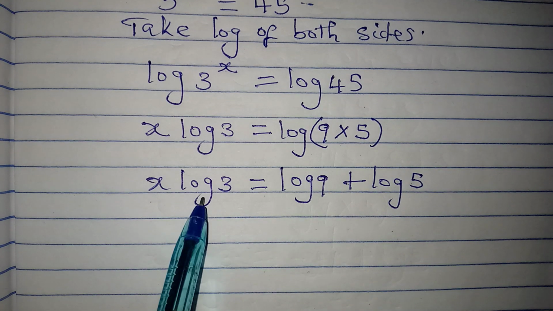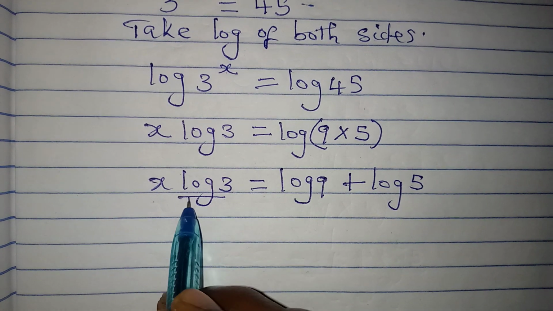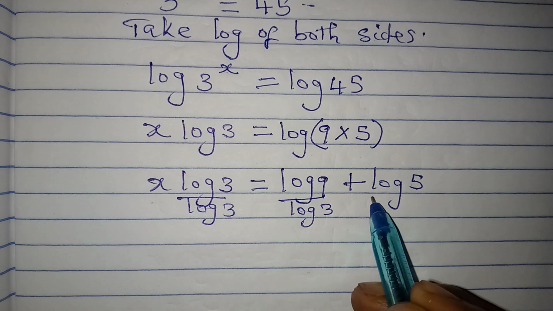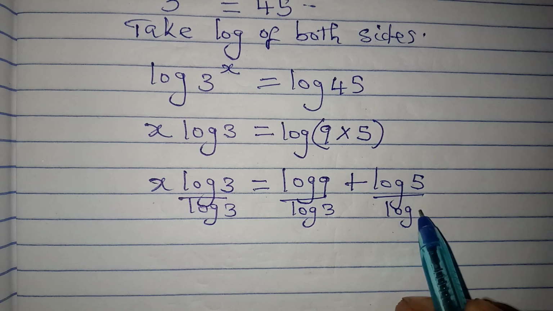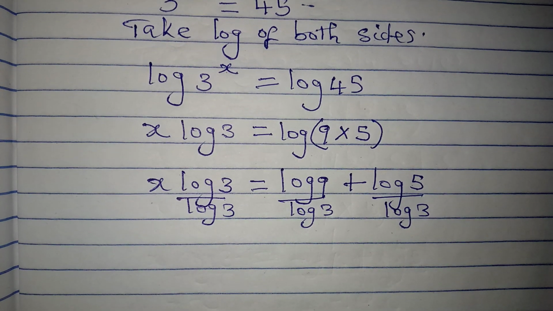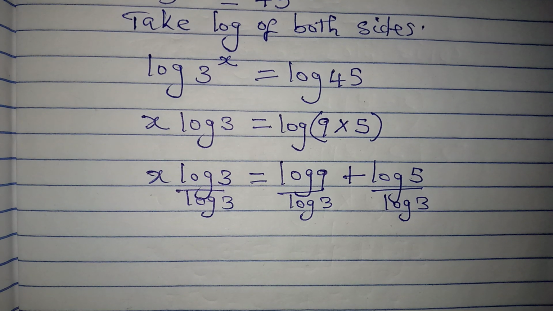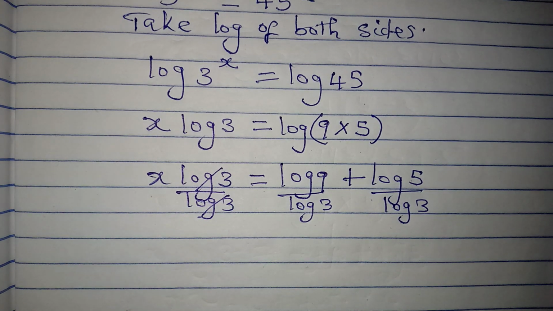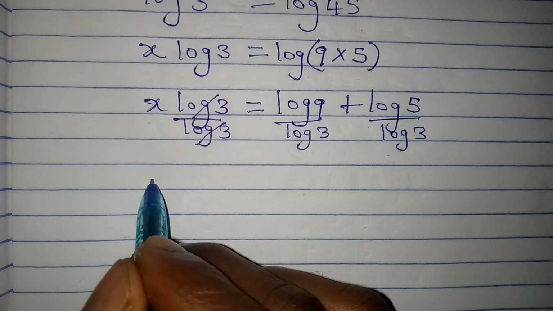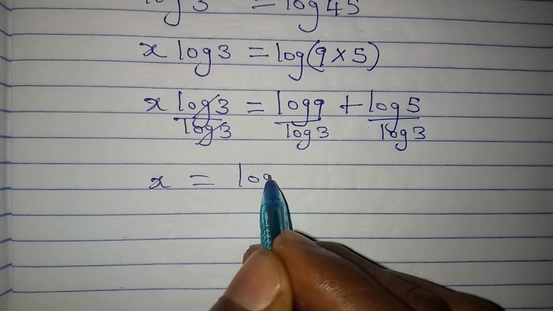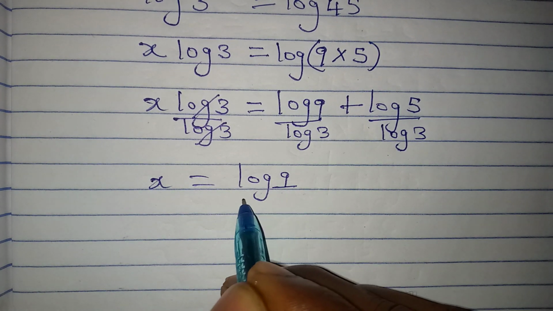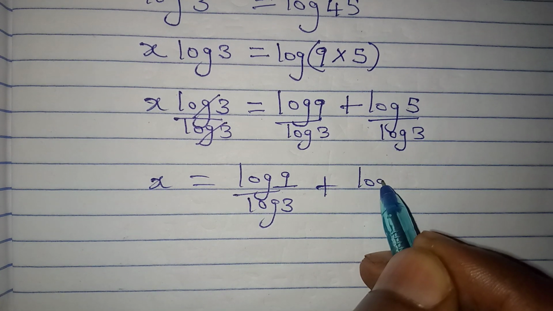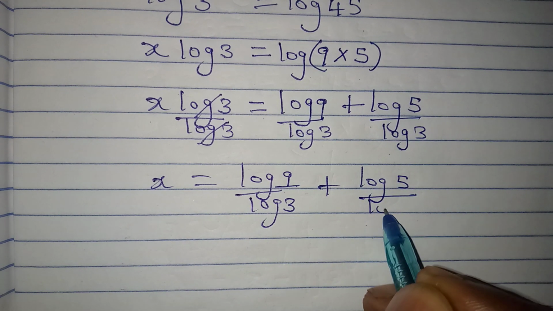From here we need to eliminate log 3, so I will divide each term by log 3, because I need to make x the subject. This and this can now cancel each other, so that x will be equal to log 9 over log 3 plus log 5 over log 3.